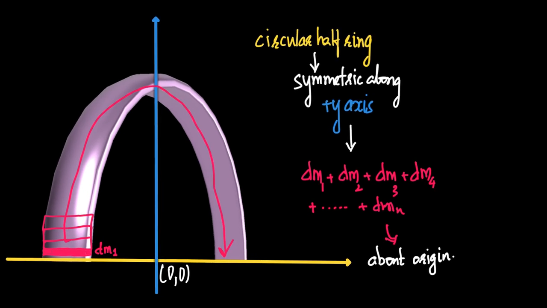The respective locations: dm1 is at distance r1 from the origin, dm2 is at distance r2, r3, and then we have dm4 at r4, and maybe dmn at a distance of rn from the origin. Now all of this is about the origin.